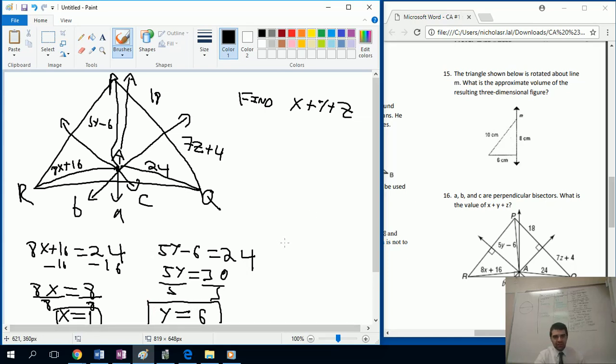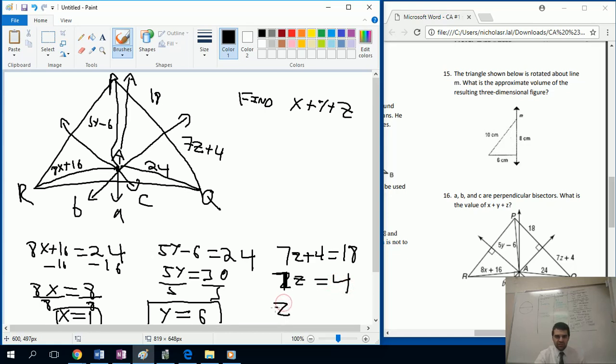So, last part, 7z plus 4 is equal to 18, because these are just two medians. So 7z is equal to 14. I subtracted 4 from each side.